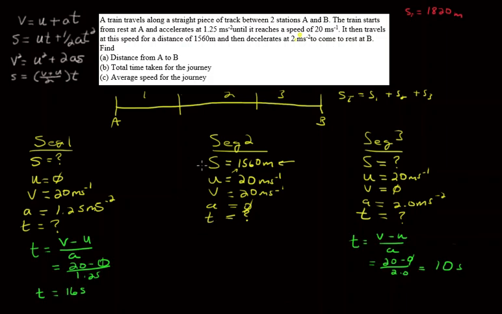All right, over here we need to use a different equation. We don't have acceleration, so we have to find S, U, V, and T. So T equals 2S over V plus U. Let me make sure I did that right.